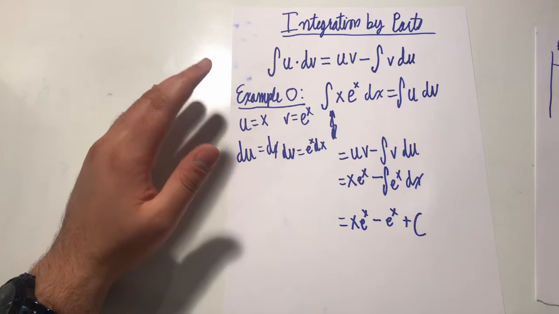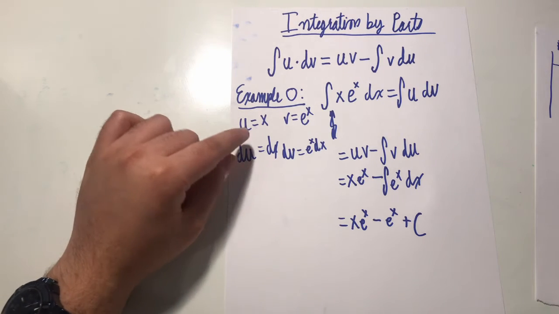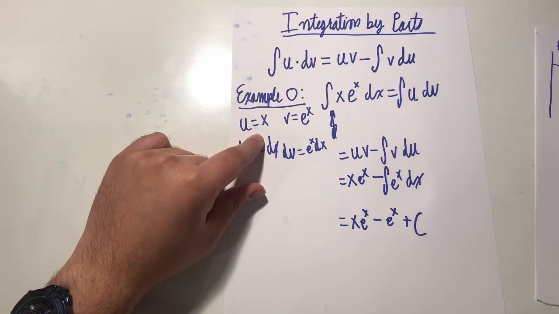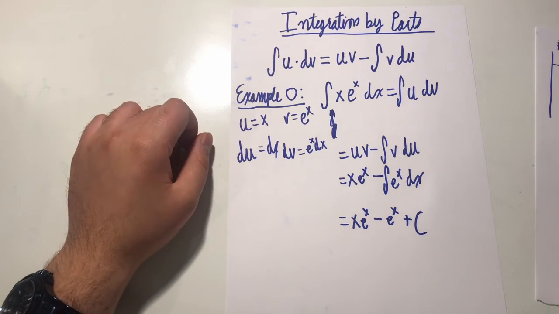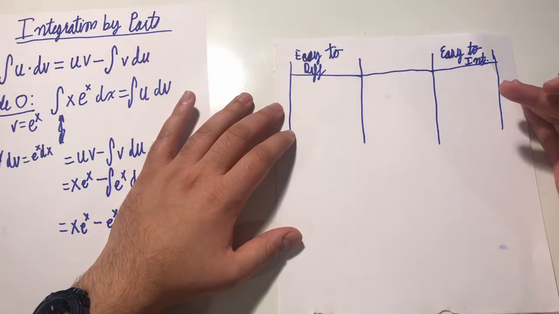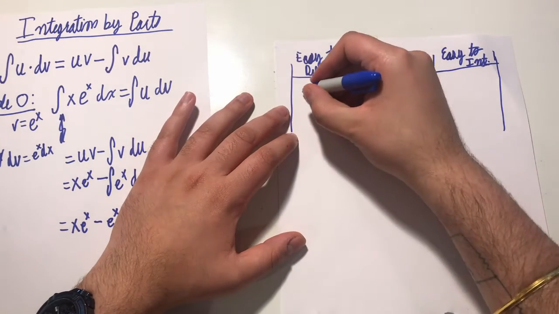E to the x, super easy to integrate. It's just e to the x. This is just like an x term. X terms are super easy to differentiate because they just become 1, right? That's why I chose those the way I did. So things that are easy to differentiate, logarithms.